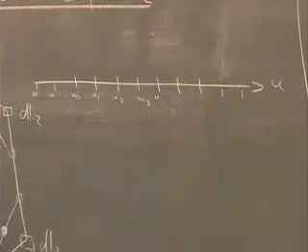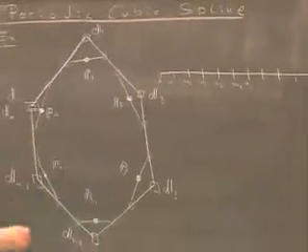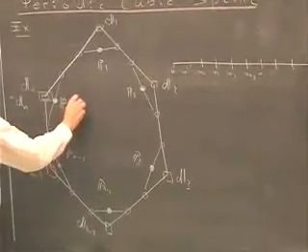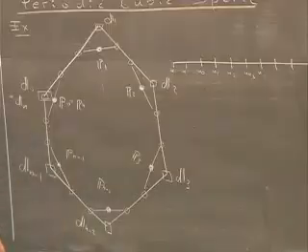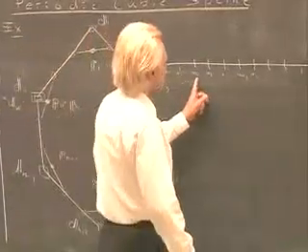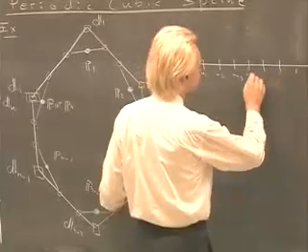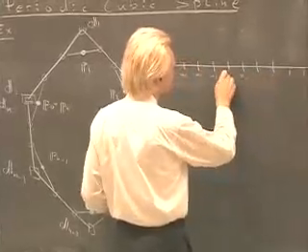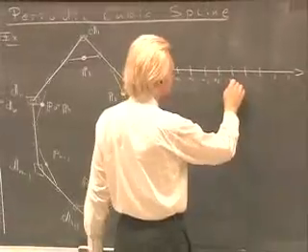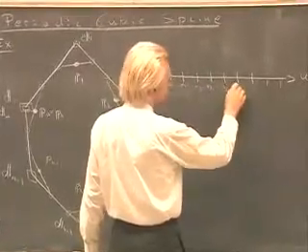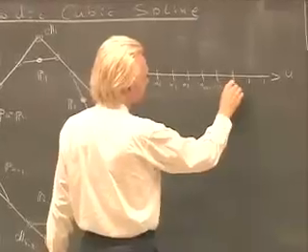And then I end with, what do I call the last one? The last one I call P0, but P0 is also Pn, because that's the period. So we have U3, and then Un minus 2, Un minus 1, and Un.